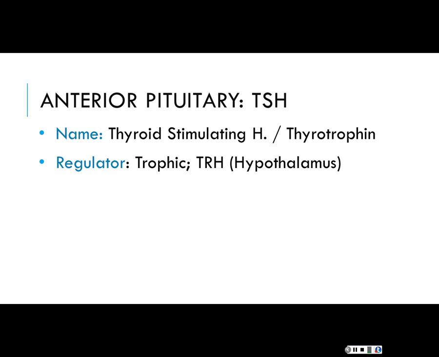The target for TSH is the thyroid gland. You should be able to tell me the function of this hormone as well: to tell the thyroid gland to release thyroxine.